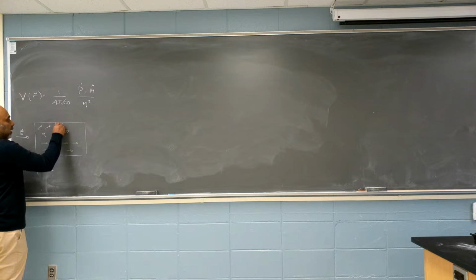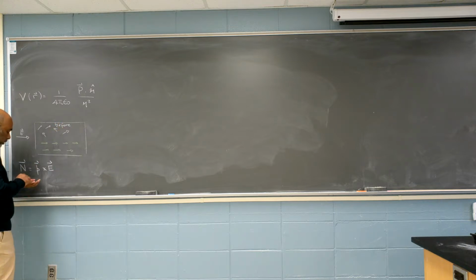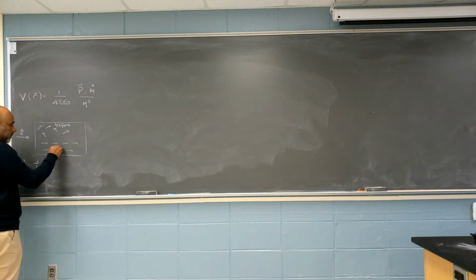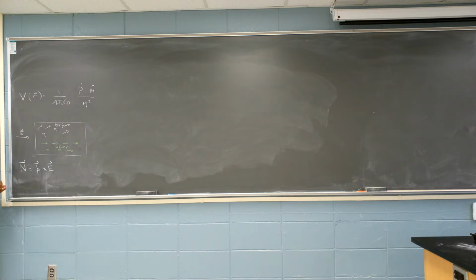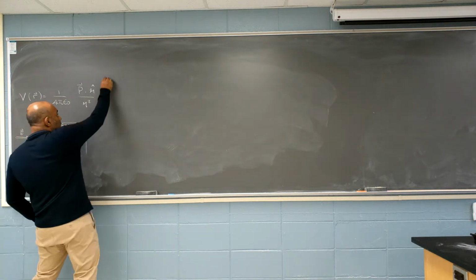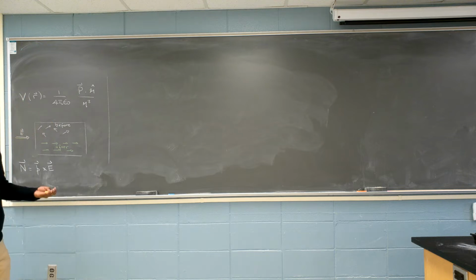When I say before and after, in this context, what does that mean? Before and after what? The electric field. Before and after the electric field was turned on. Now, suppose you have not necessarily a polarized material.